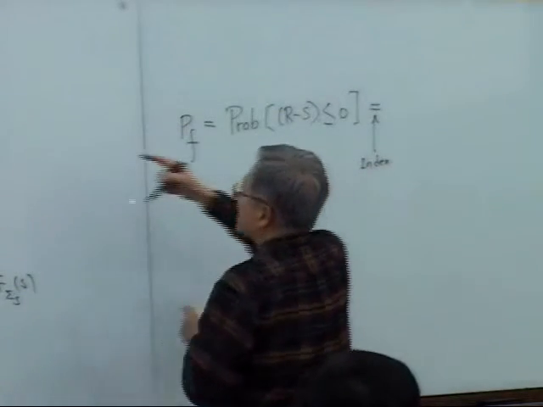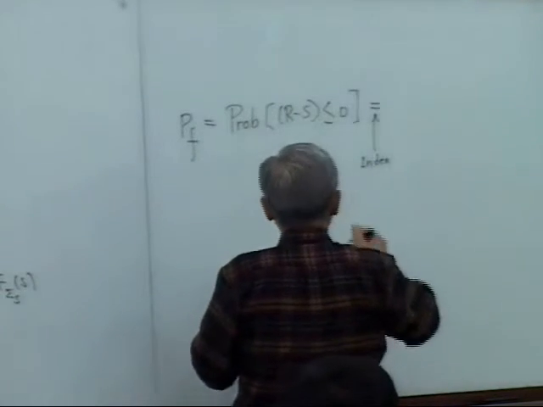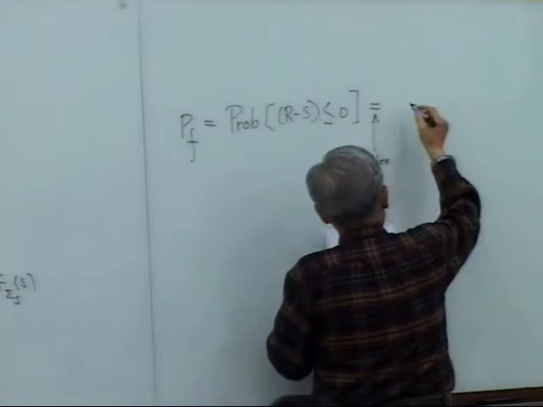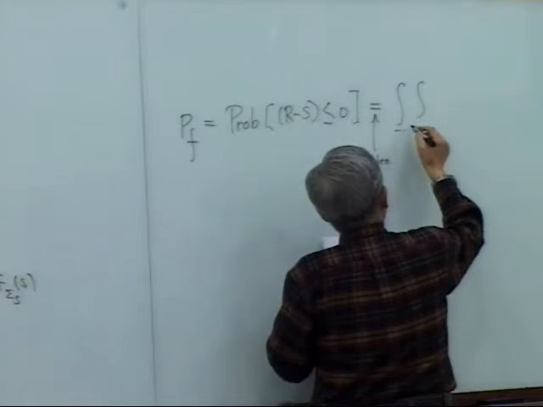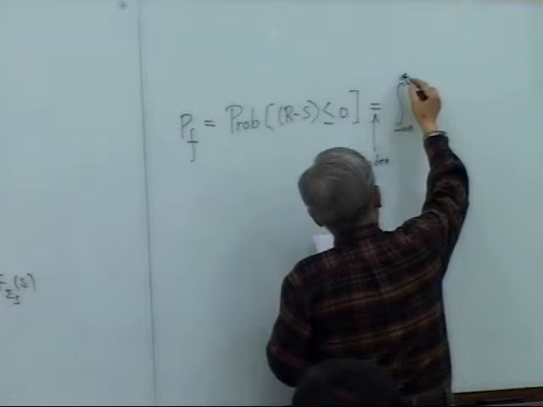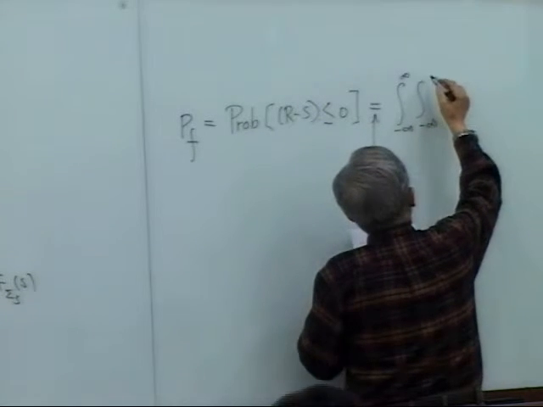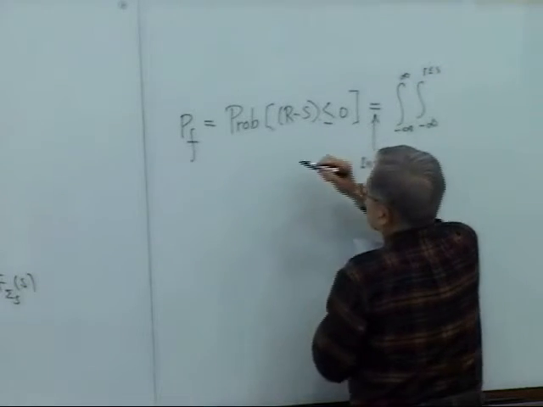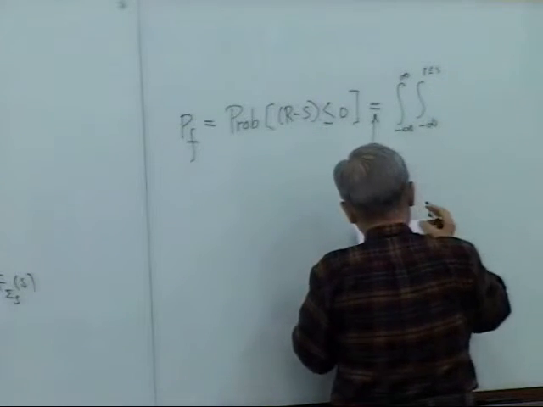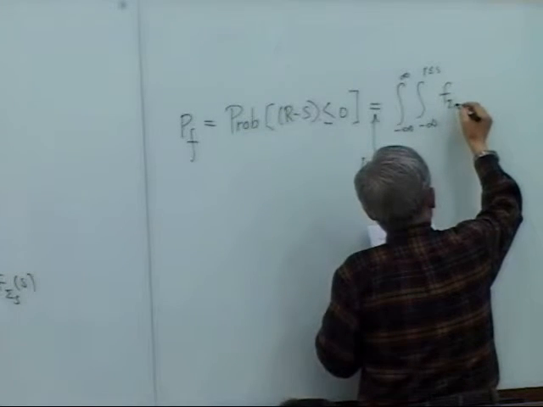Otherwise you have to go back to everything over there. In this case, you can do it a little bit simpler. Same thing, I just happen to show a slightly different approach.